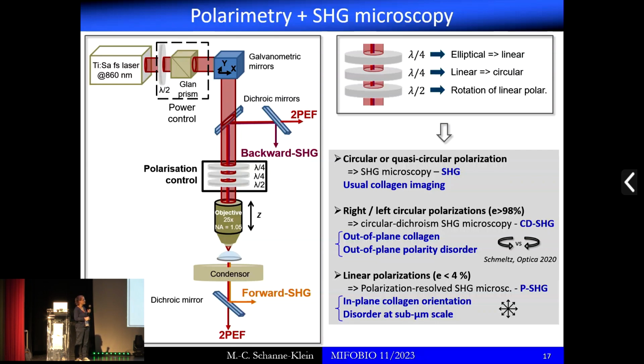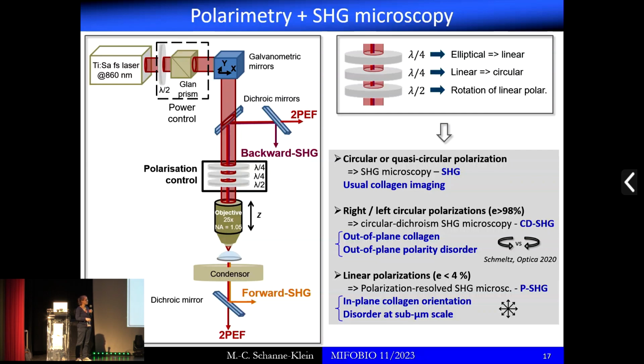We may also use it to switch from left circular to right circular and to do some circular dichroism measurements in second harmonic generation. So it enables canceling the signal of the fibers that are within the imaging plane and visualizing specifically the fibers that are out of the imaging plane, and moreover visualizing the polarity disorder of the fibers within the focal volume.